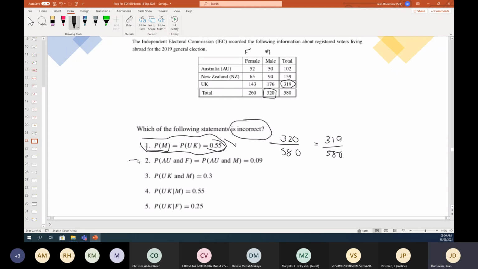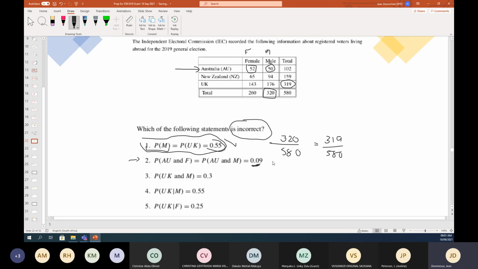Let's look at option 2. So what's the probability of AU, so Australia, and female? Okay, so they're basically asking us to work out that and they tell us that's the same as the probability of AU and male. Okay, so again, looking at decimals, it will be the same.